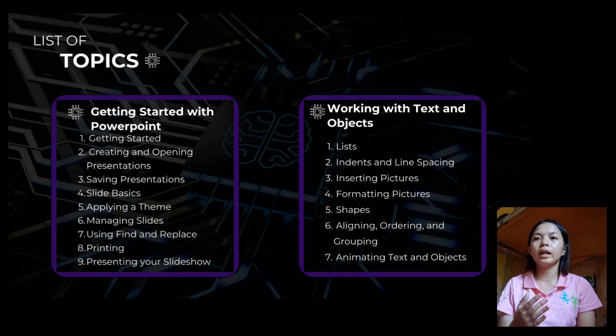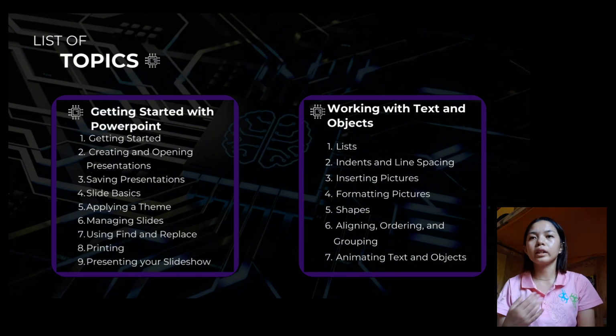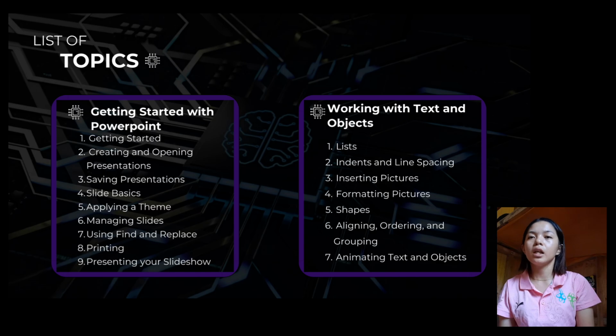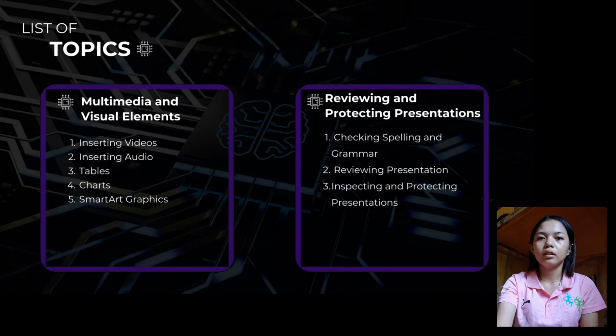So we can learn how to make bullet or numbered lists. We can also learn how to adjust spacing and insert pictures. So ma-encounter po nato ang pag-add og shapes, pag-organize sa mga objects neatly, and even animate them to make your slides more interesting.